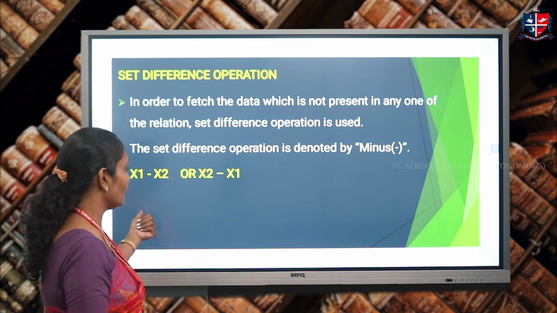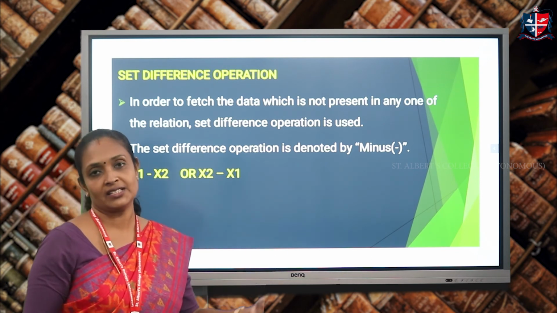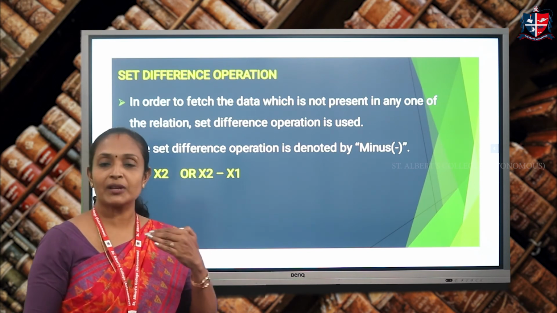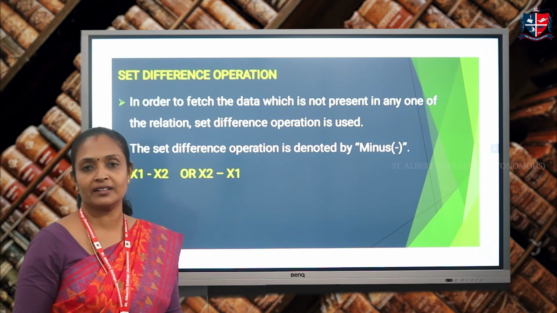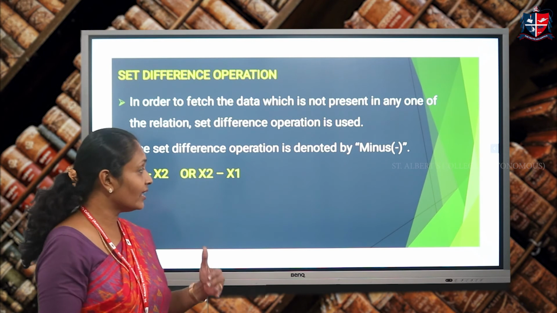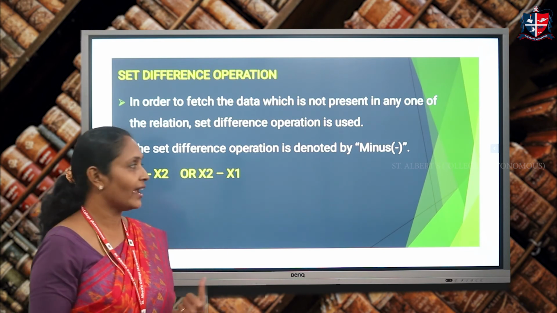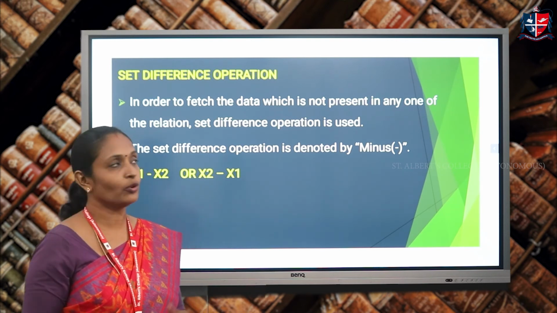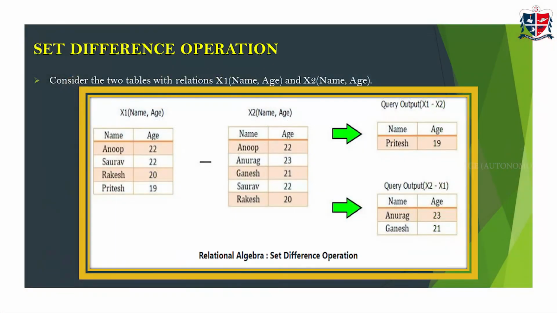We can write x1 minus x2 or x2 minus x1. x1 minus x2 means the data present in x1 and not present in x2 will be retrieved, and x2 minus x1 means the data present in x2 and not present in x1.